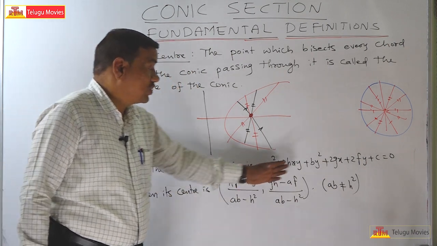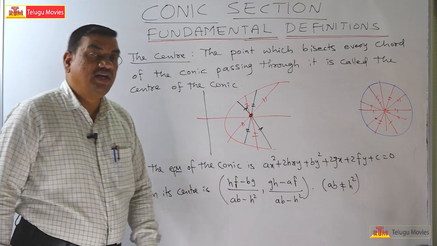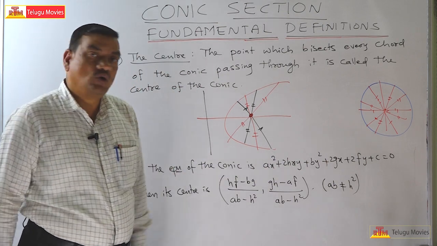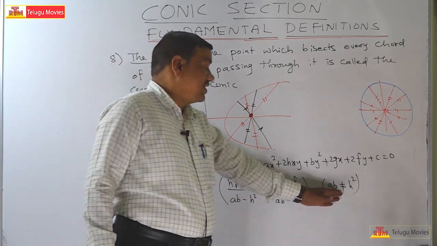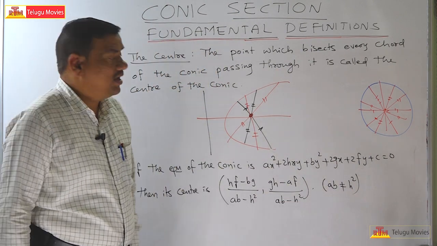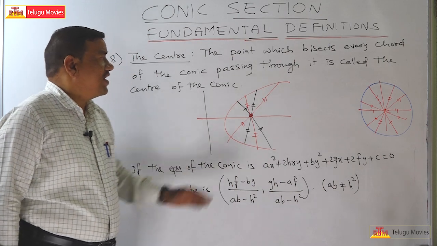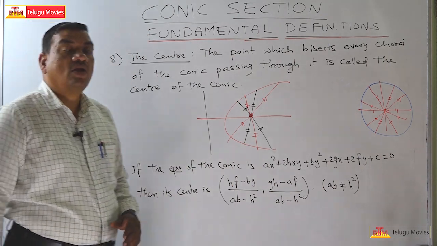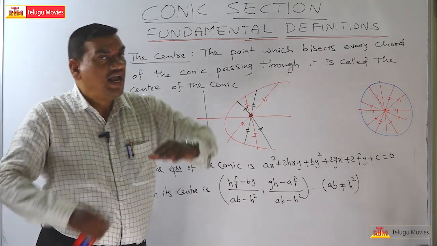If you substitute all the coefficients here, you will get the center of the conic. Of course, ab should not be equal to h², because it is in the denominator. These are the fundamental definitions of any conic.